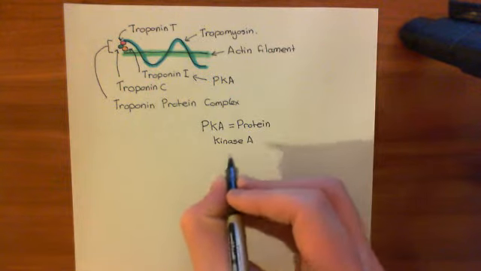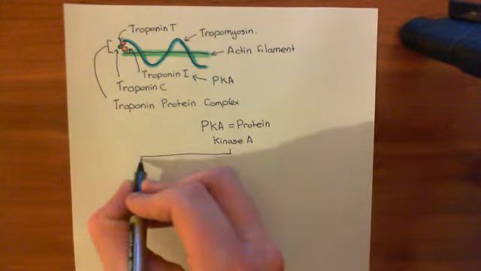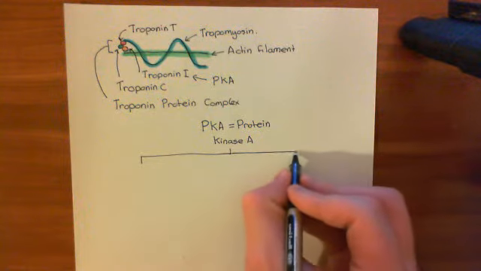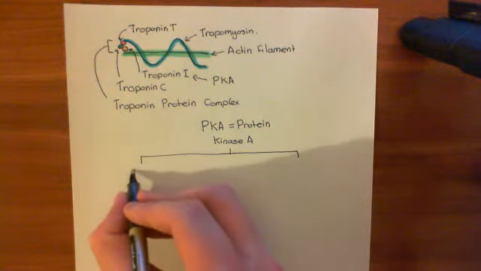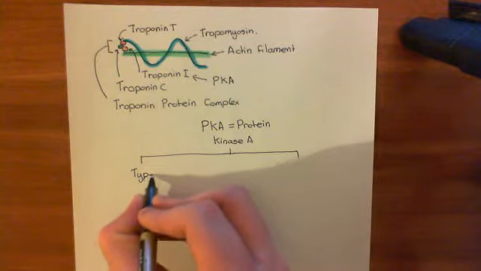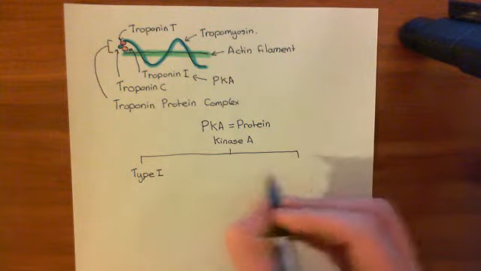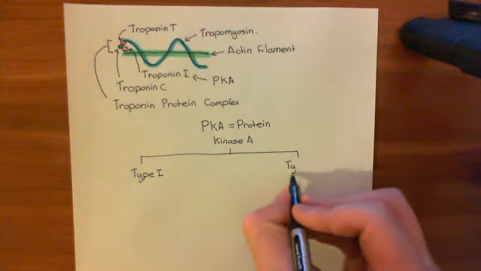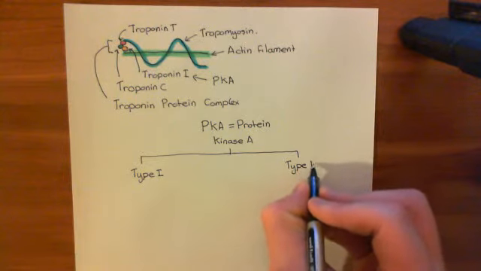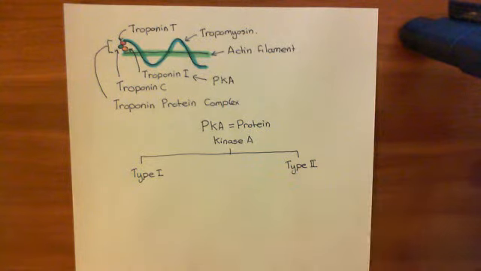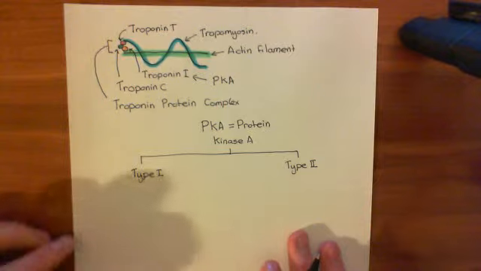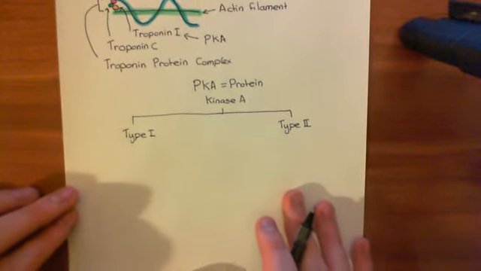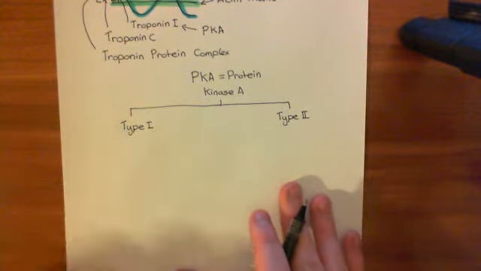The difference is that type 1 protein kinase A is free within the cytoplasm of the cell, and type 2 protein kinase A is bound to proteins at the plasma membrane known as A kinase anchoring proteins, which we'll talk about again in a moment.